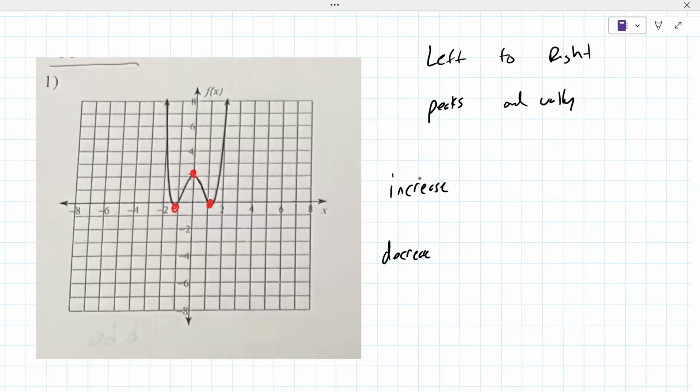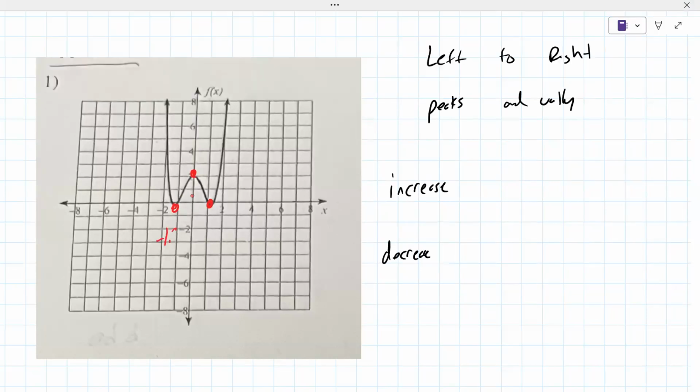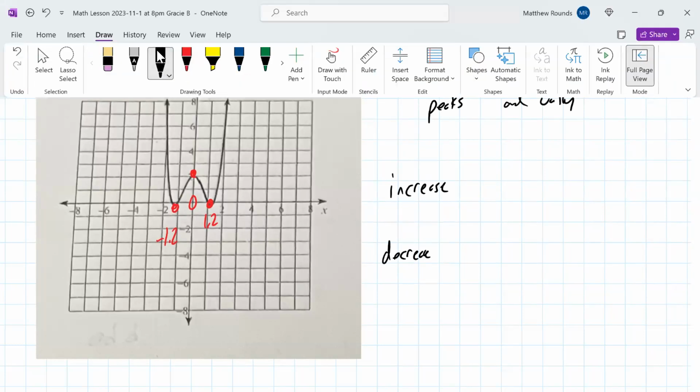So we really need those three x values in red. Just roughly, it's like minus 1.2. That one is at 0, and that's maybe at 1.2, we'll say. I'm just estimating those. We don't know them exactly. Because we're looking at the valley, not where it crosses.